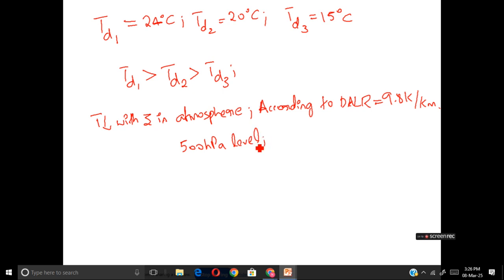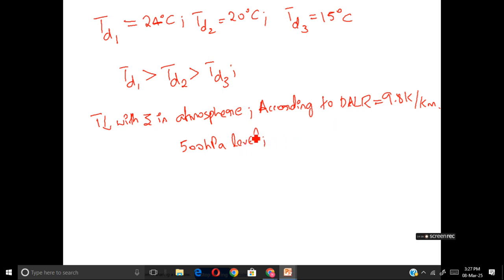From the actual temperature, how much should it be cooled so that it will reach saturation? So we should know the actual temperature at 500 hectopascal, or similarly at 700 or 800.